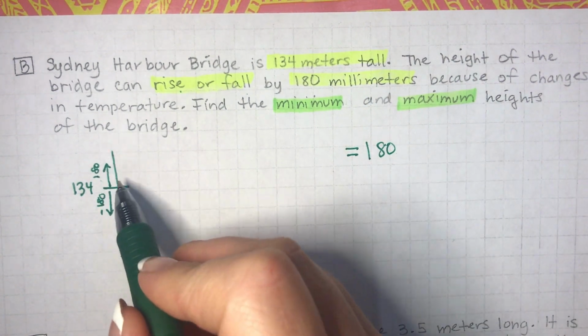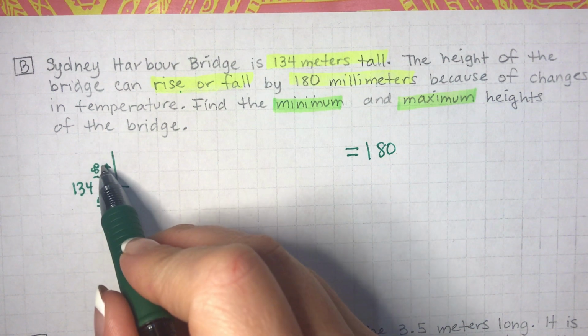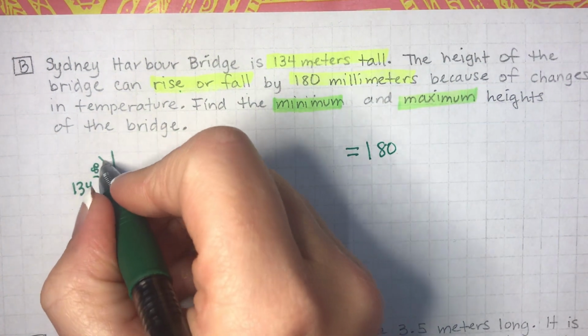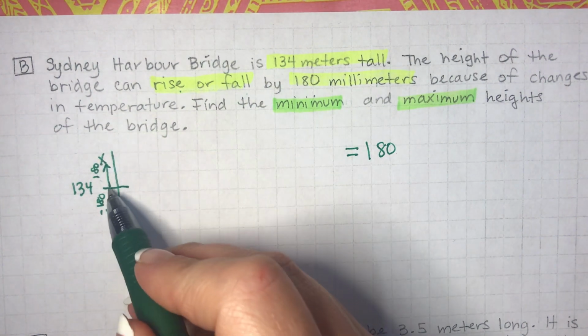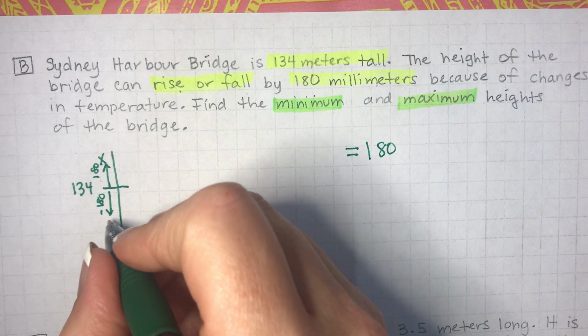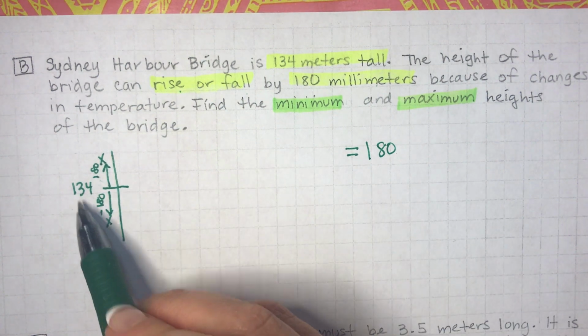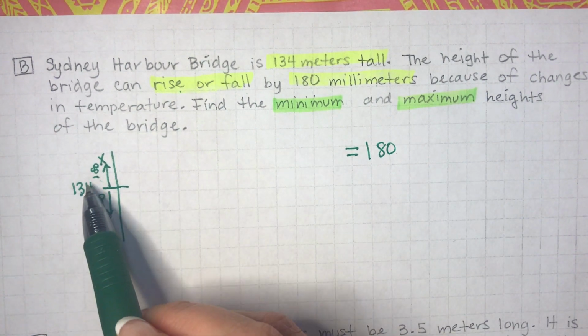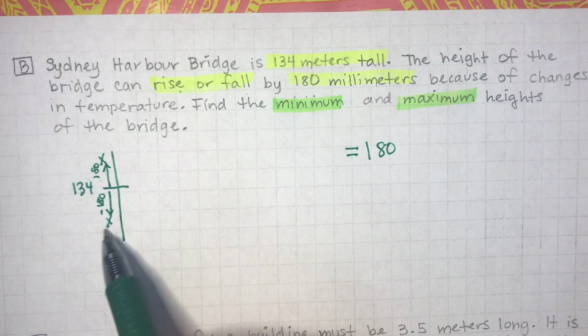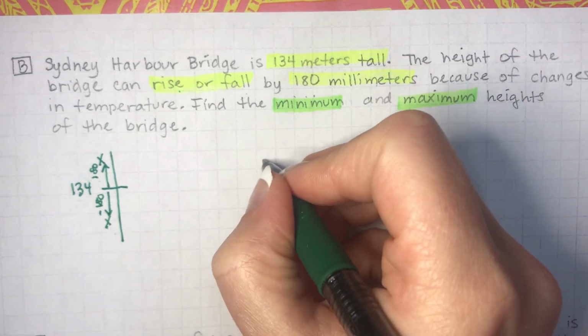And then what happens? When it rises, the maximum, it's going to be a new height, right? And we don't know what that is, so we're going to call it X. Or when it falls, it's also going to be a new height. So we don't know what it is. We're going to call that X. But to figure that out, what we're going to do is take the difference between the actual height and what may occur, which is X. So we're going to go ahead and find that difference again.